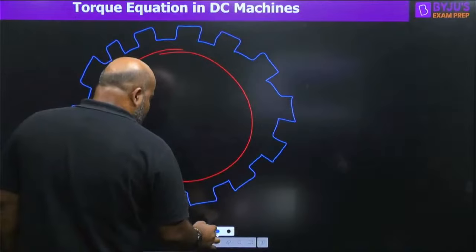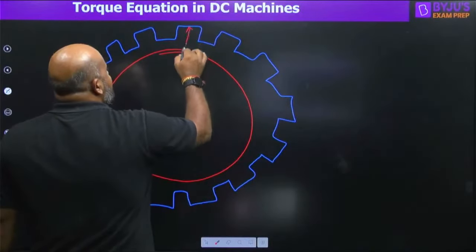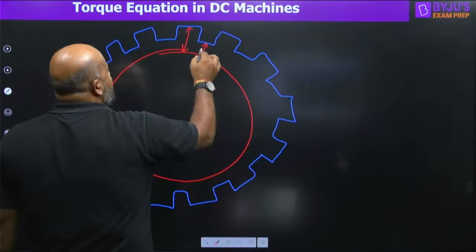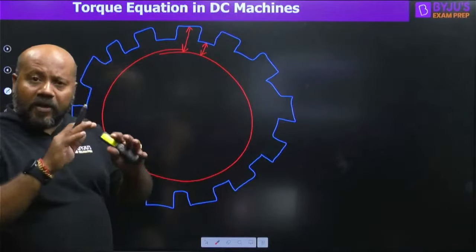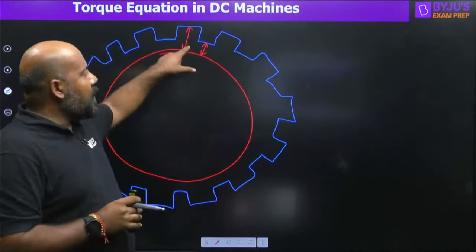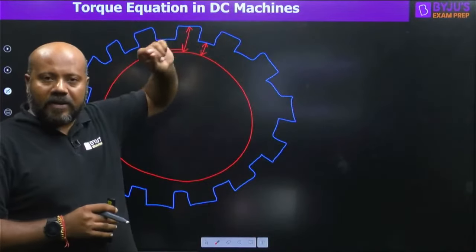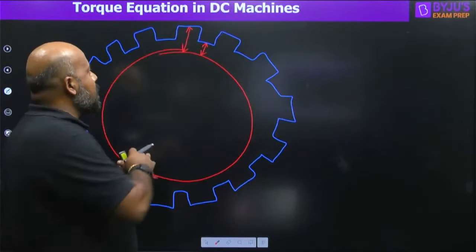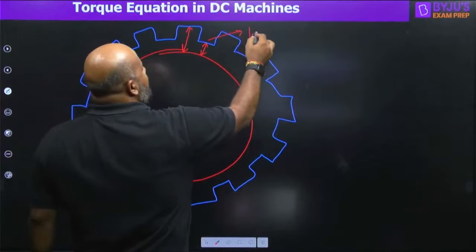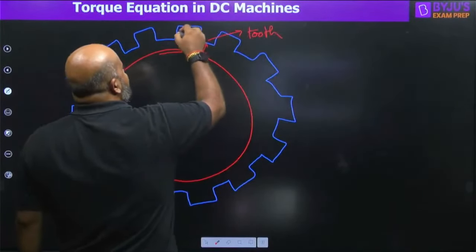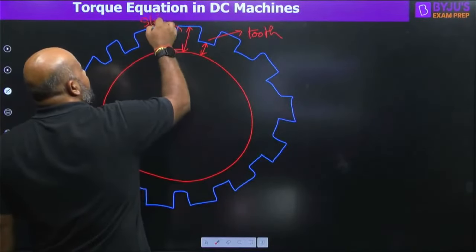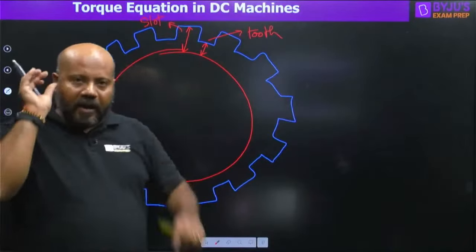If you observe the air gap, because of these slots, there is going to be a non-uniformity in the air gap. This is what we call teeth or tooth, and this is what we call slot. When there is a slot, the air gap is high.